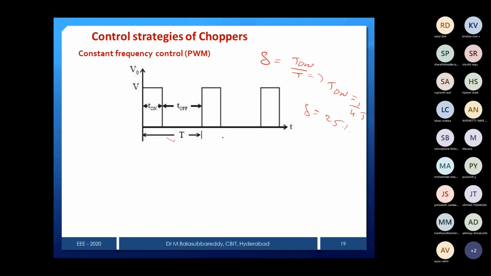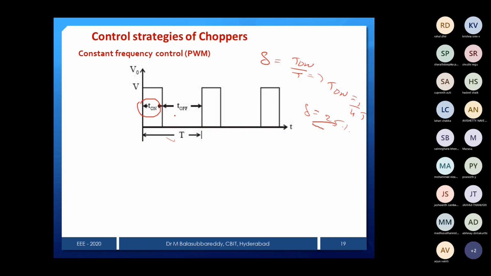Comparatively, the T on period is 25% of the total T. Then you get delta is 25%. Now I want another delta value, maybe 50 or 75%. Then what is the possible option? You don't change the total duration of T. T on plus T off must be the same.